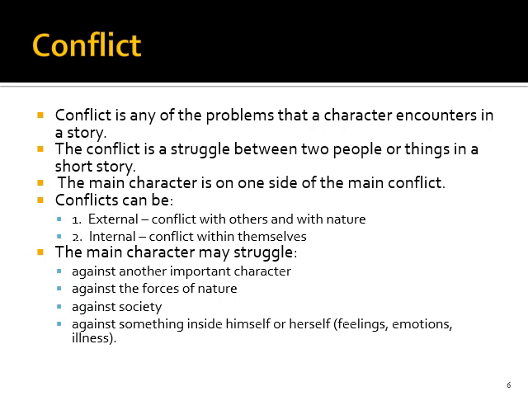The main character may struggle against other important characters, which is an external conflict. Against the forces of nature, it is also an external conflict. Against society, it is also an external conflict. So this part on conflict is very important.